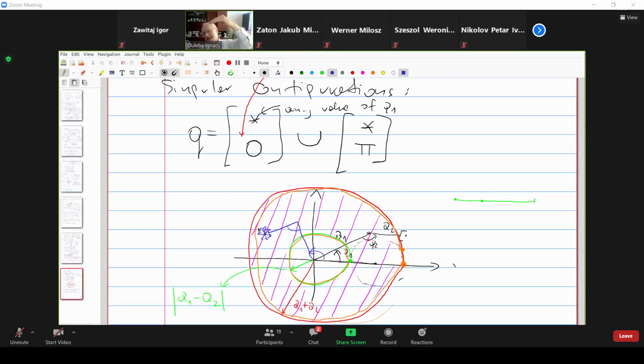You have a planar pendulum, and you are at such a configuration. Can you move in any direction or not?